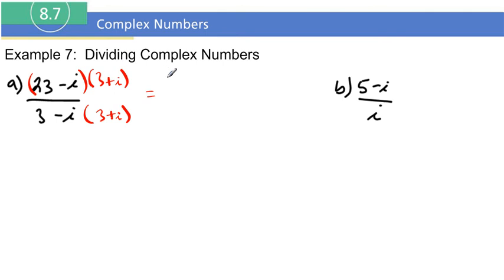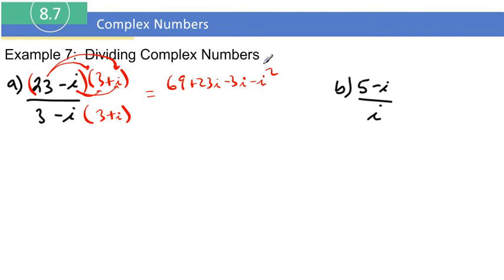Okay, and this is just like last example where we're going to do FOIL here. So 23 and 3 is 69, and then 23 and i is a positive 23i, and then negative i and 3 is negative 3i, and then negative i times the positive i is negative i squared. If you want to simplify the numerator some more, we can.